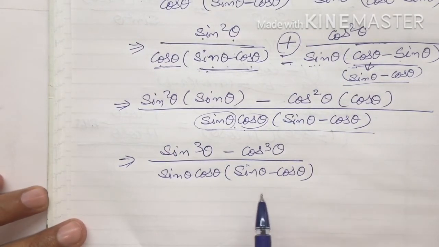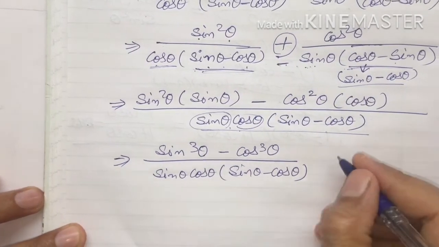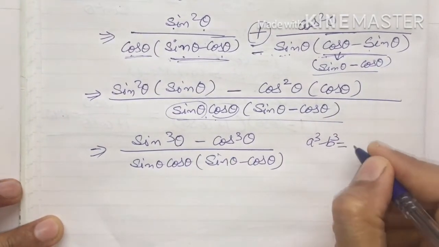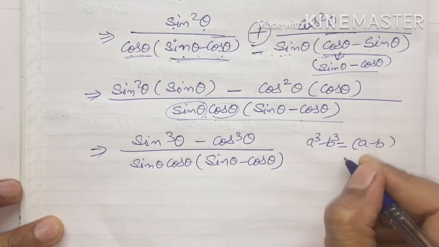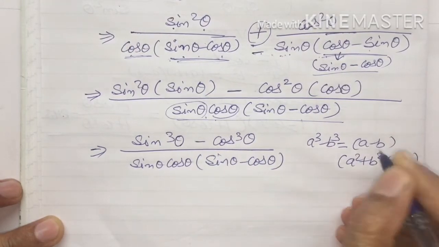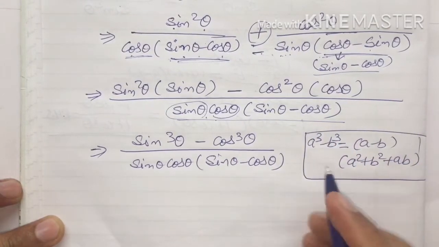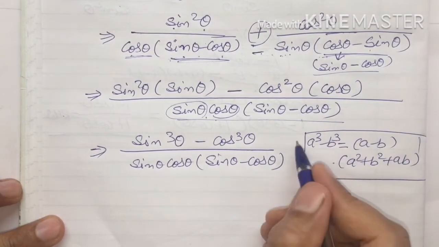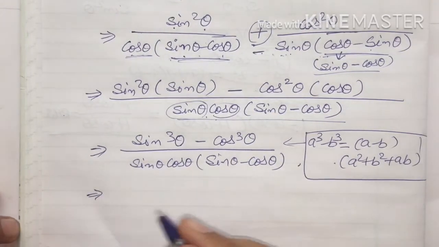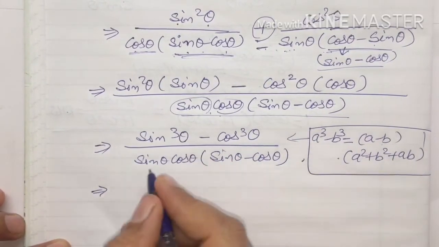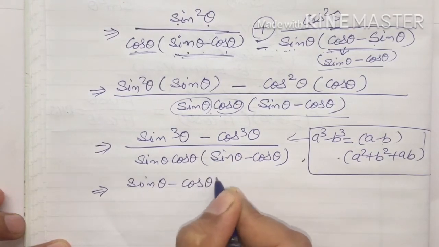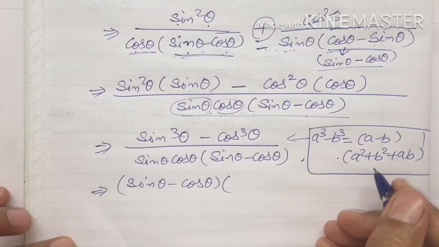So here one identity we know, that a cube minus b cube is equal to a minus b into a square plus b square plus ab. This is the identity of a cube minus b cube, and this identity we will use in our question. So it will change. A minus b means sine theta minus cos theta in the bracket, and a square plus b square.